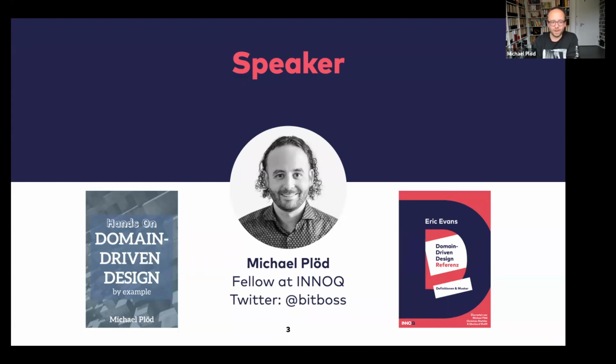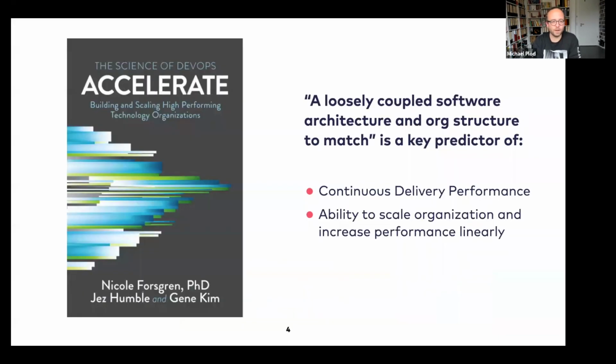I think a lot of these things that were published 16 years ago are now more relevant than ever. They have been confirmed by the Accelerate book, written by Nicole Forsgren, Jez Humble, and Gene Kim. They did a study on what makes a powerful IT delivery organization.